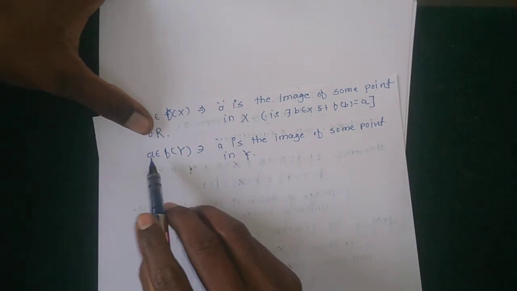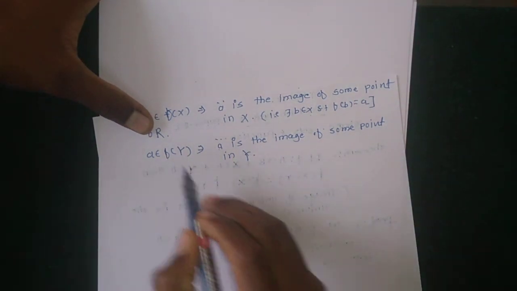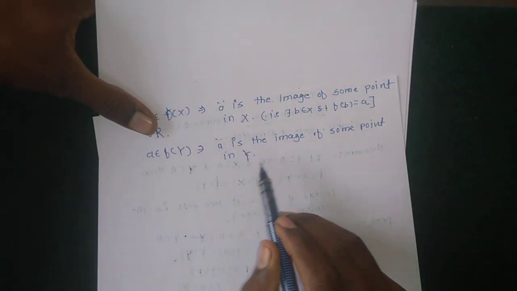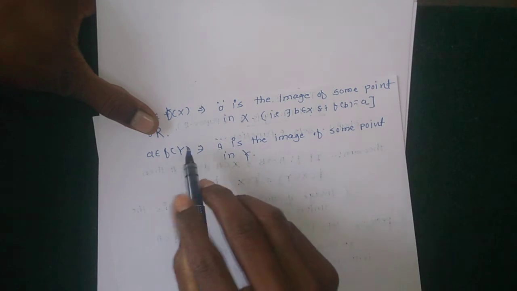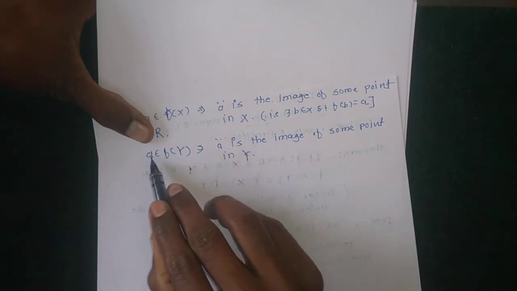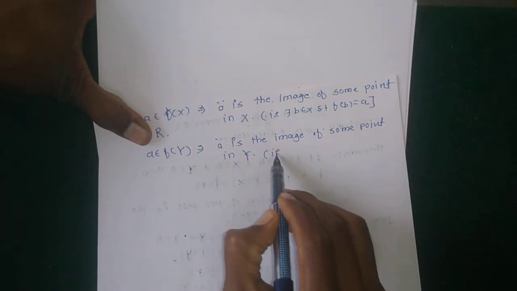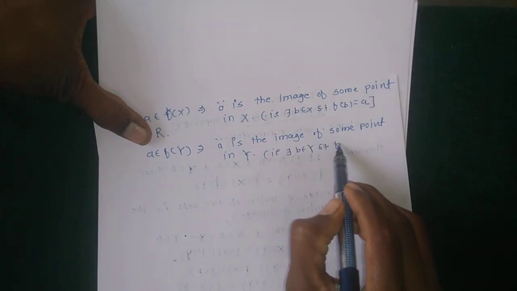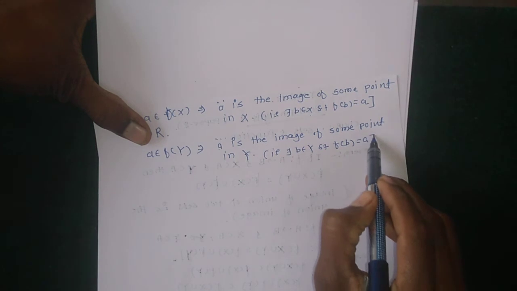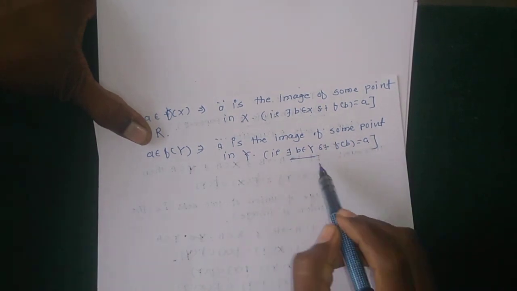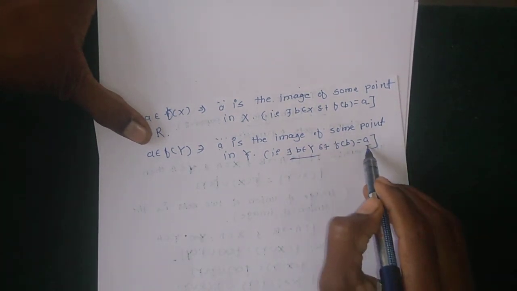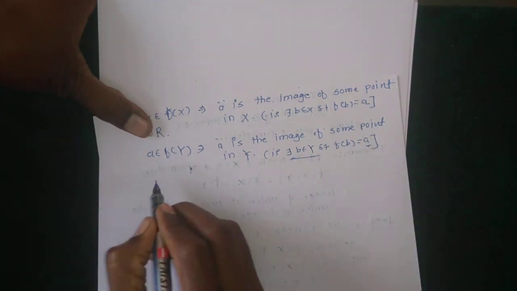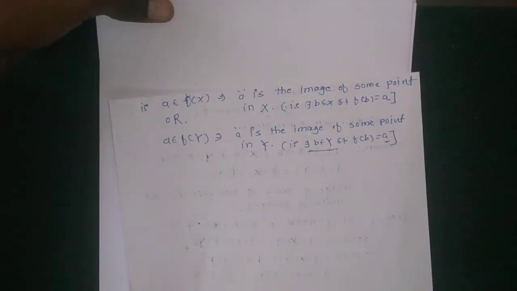If a is an element of the range set, the image set of y, then there exists b belongs to y such that f of b is equal to a, meaning at least one element exists in y such that their image is equal to a, and this belongs to f of y.